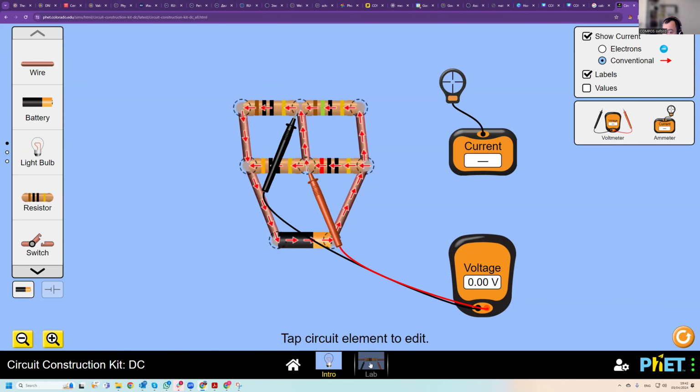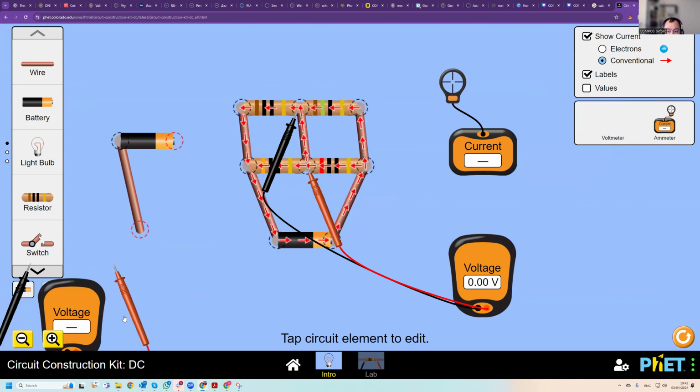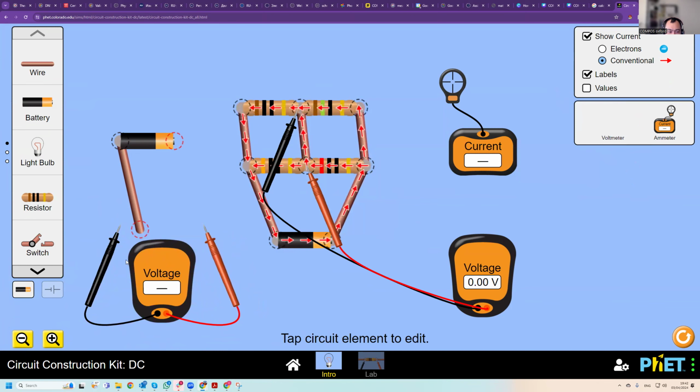And even in the extreme case, if we take a battery and we connect the wires, so we take a voltmeter. Oh, I can have 2 voltmeters. I didn't know that.